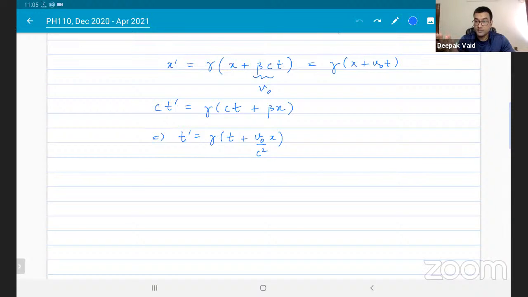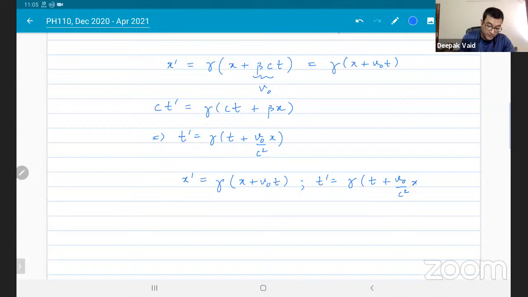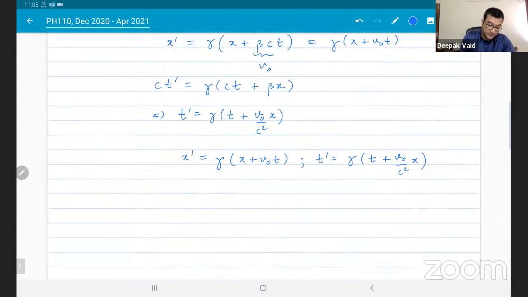So what is the inverse? x prime is equal to gamma times x plus V naught t, and t prime is equal to gamma times t plus V naught by c square x.